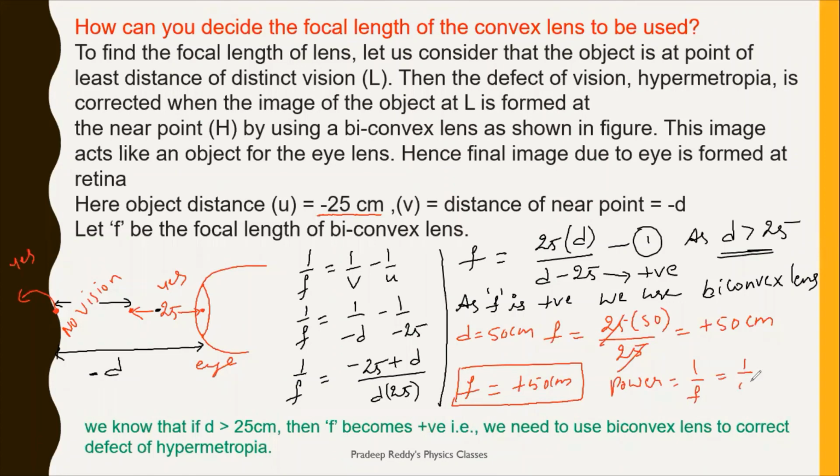This is 1 by 50 centimeter. It is 0.02 centimeter inverse, right? So power will be equal to 0.02 centimeter inverse. This is the power of the lens which you are using to correct hypermetropia.